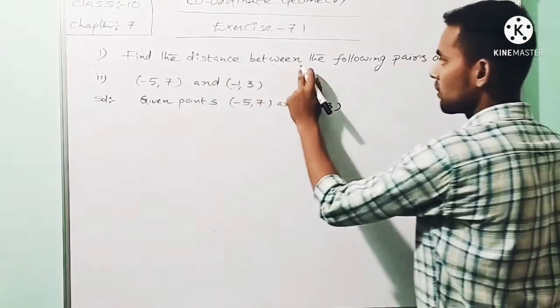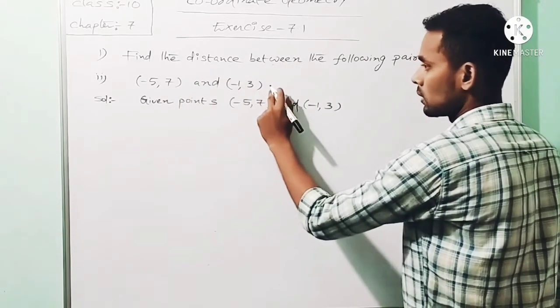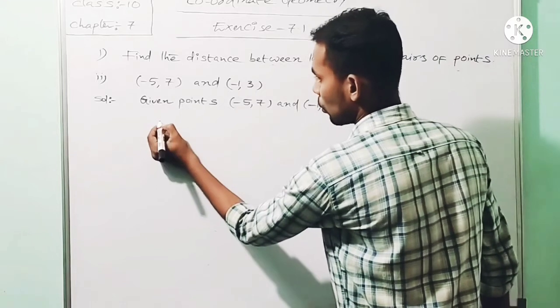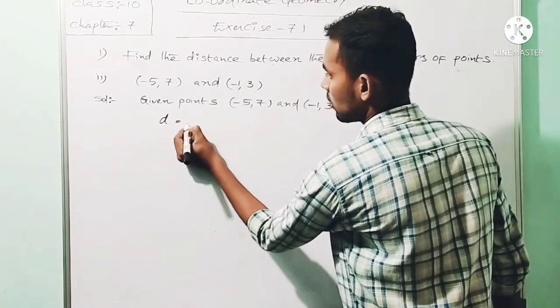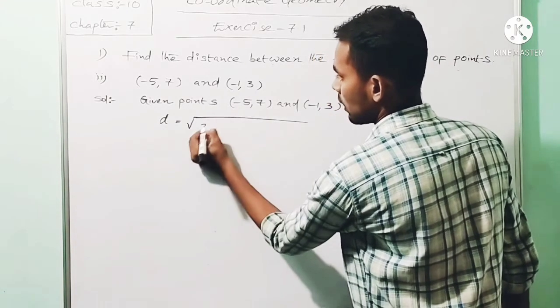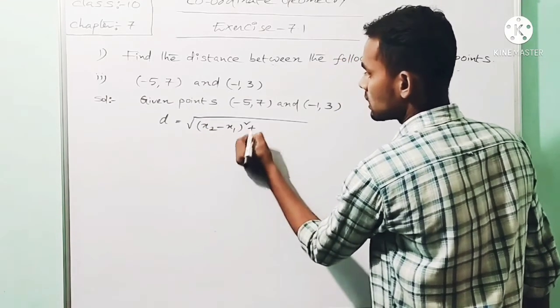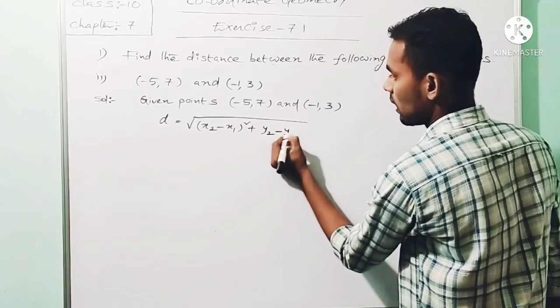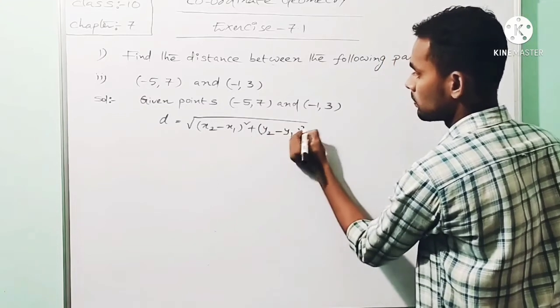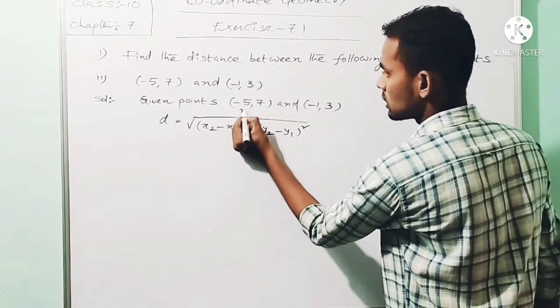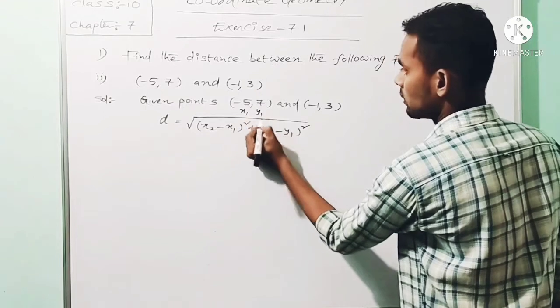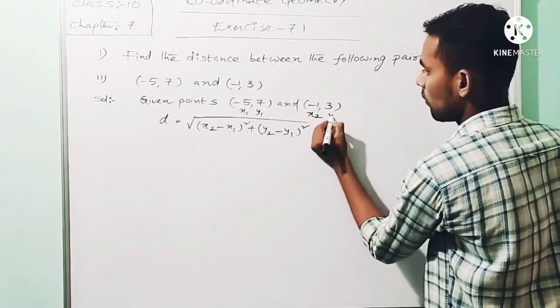The distance between the 2 points. Distance formula: d equals square root of (x2 minus x1) whole square plus (y2 minus y1) whole square. This is x1, y1. This is x2, y2.